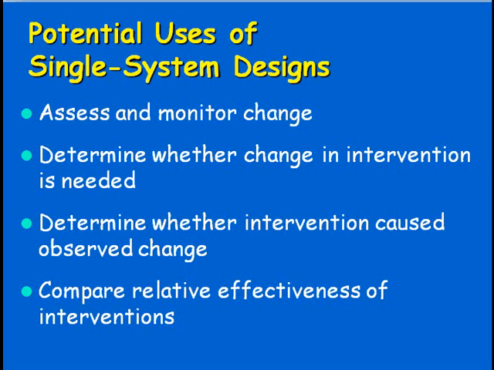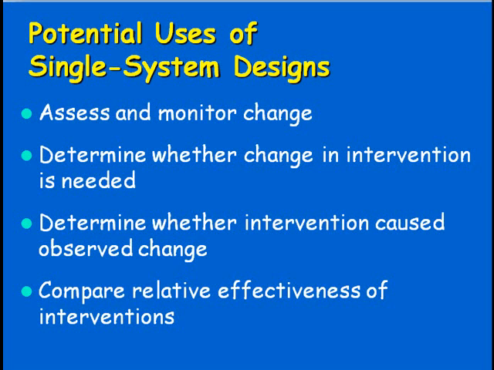There might be a change in how it was measured. So we're going to talk about causality later in this chapter. But to some extent you can determine whether the intervention caused the observed change if you're able to eliminate all the threats to causality.